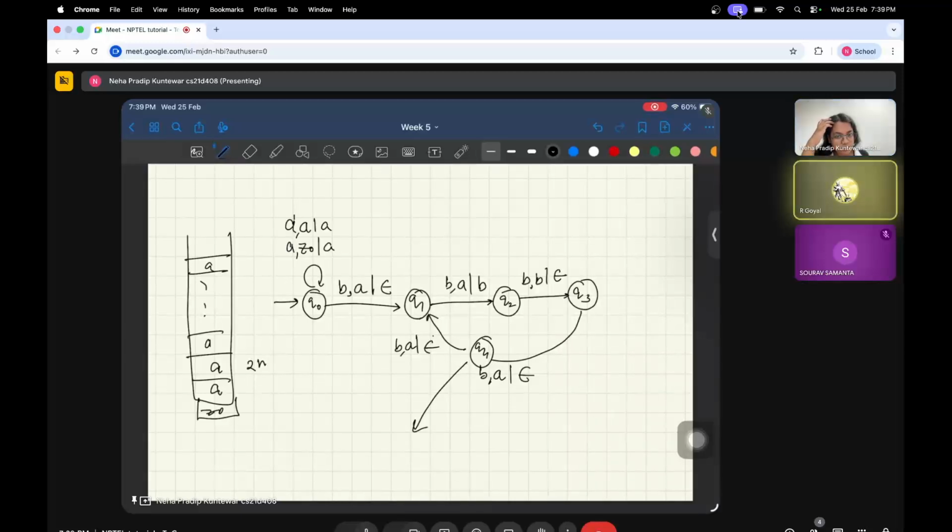Yes, but it is slightly difficult for me to understand this, maybe because of these two things, b comma a and then b, and b comma b and then epsilon. Probably you want to create an aggregate effect as if you push b into the stack and then pop it off. But in this process, you have read two b's from the tape, because in the PDA the reading head will keep on moving towards the right.